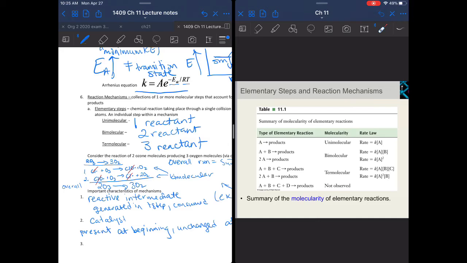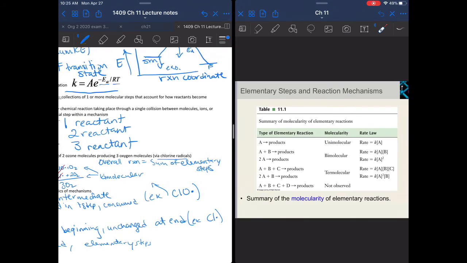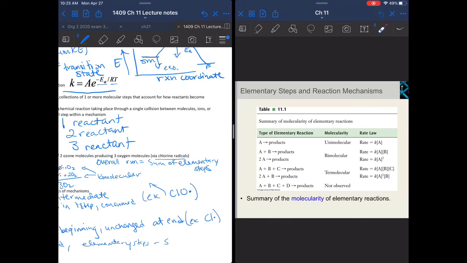And then the third characteristic, we've already talked about: when added, the elementary steps equal the overall reaction. I guess it bore repeating.